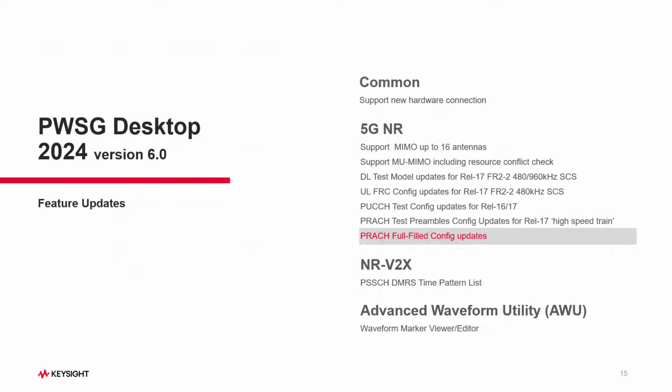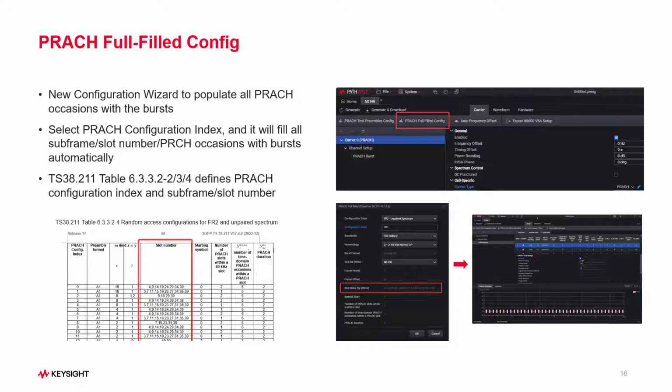The next update is specifically aimed at improving the PRACH four-field configurations. We are excited to introduce the new PRACH four-field config wizard, which has been designed to simplify the process of creating PRACH occasions with bursts, in line with the specifications outlined in Release 17.